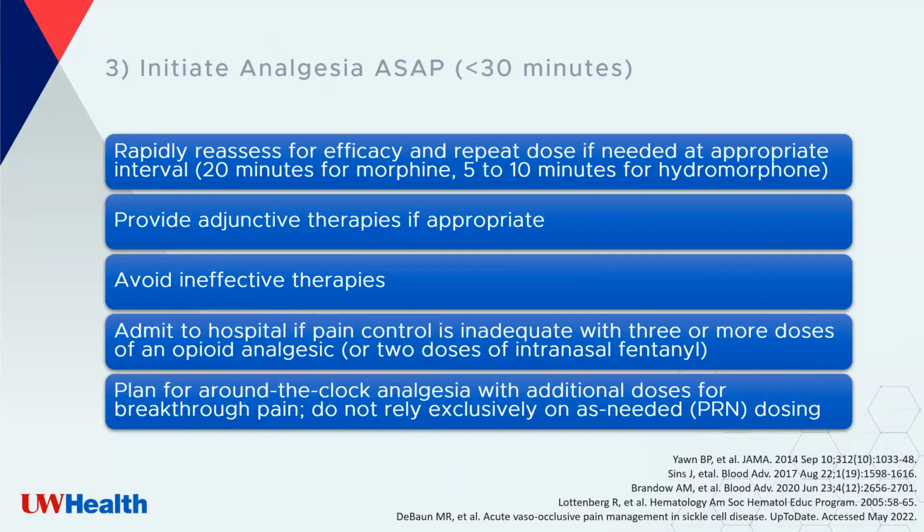Admit to the hospital if pain control is inadequate with 3 or more doses of an opioid analgesic, and then plan for around-the-clock analgesia with additional doses for breakthrough pain. So, the key takeaway here is that we're not relying exclusively on PRN dosing, but we would absolutely need scheduled dosing for these patients as well. And then PRN dosing would be an adjunct.